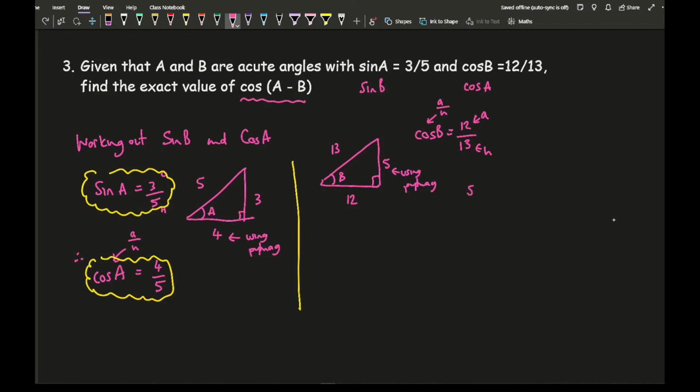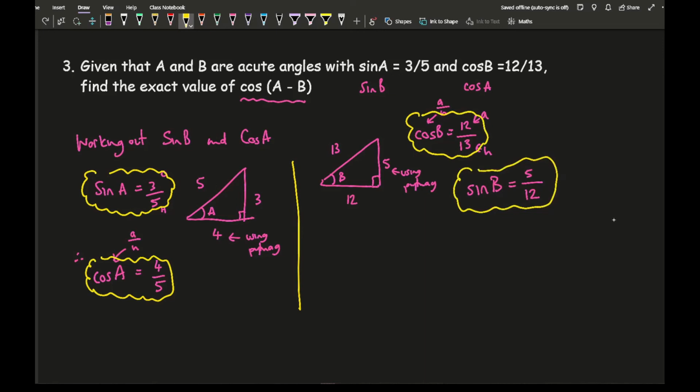So then what I can then do is work out what sine B is going to be. And again, how do I find sine? Well, that's using the opposite over the hypotenuse. So that's going to be 5 over 13. And by doing that, what I've now got are all of my 4 components. So the 2 are given in the question, and the other 2 I then need to find.